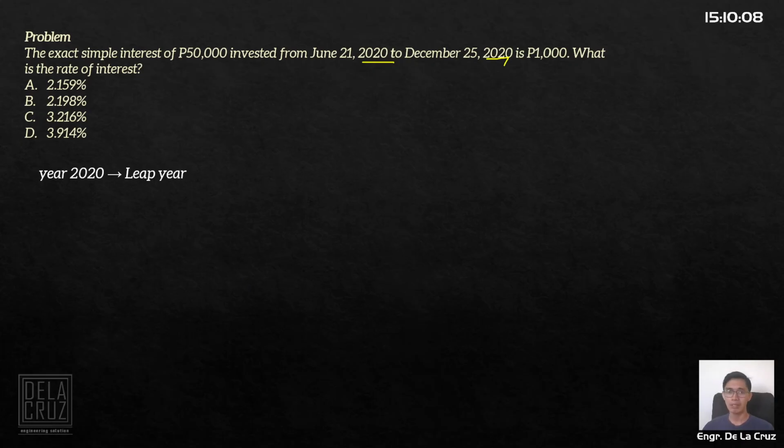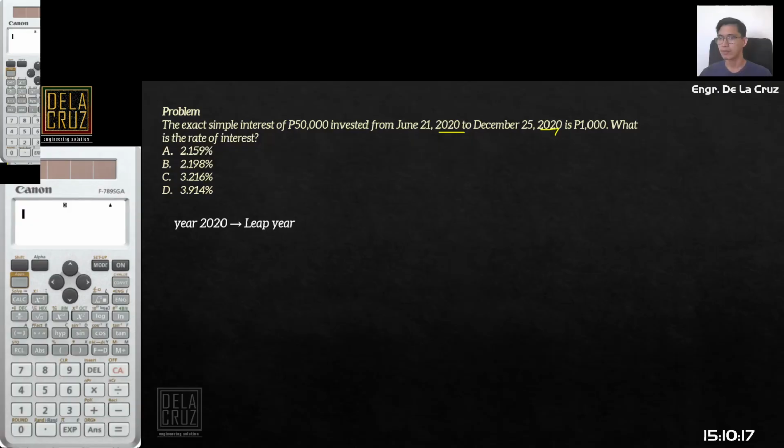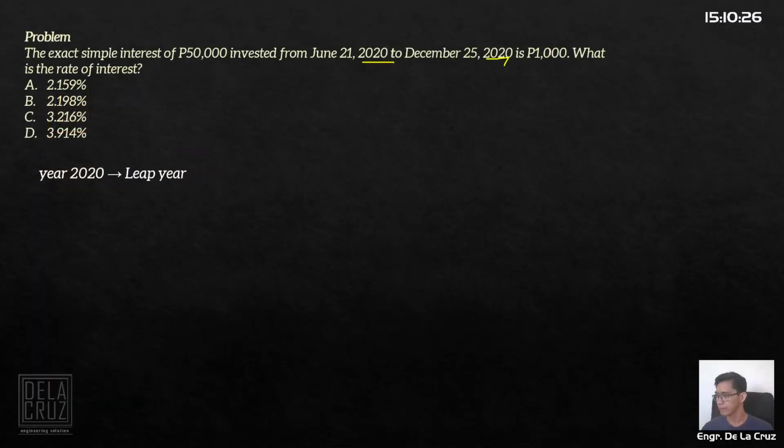Paano ngayon malalaman kung leap year yan? So, divisible yan by 4. Try to divide it by 4. Ano yung makukuha mo? Try natin sa calculator. 2020 divided by 4, you'll get 505 exactly. 505 exactly.